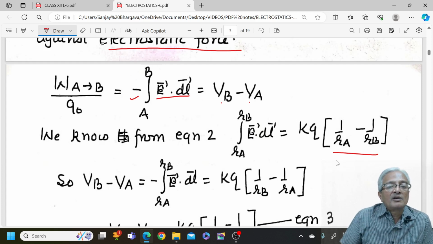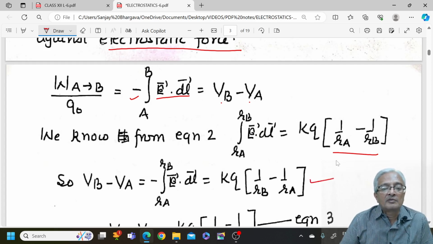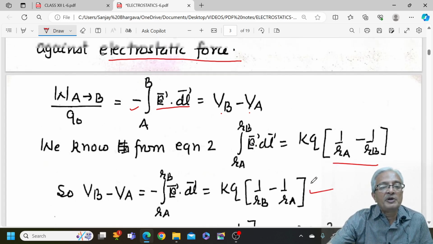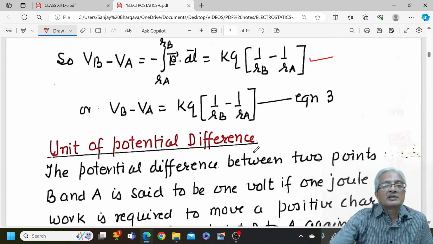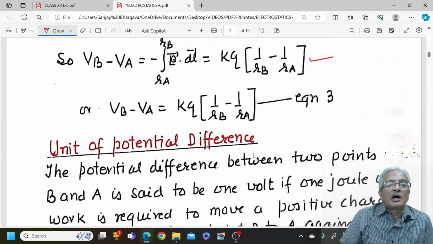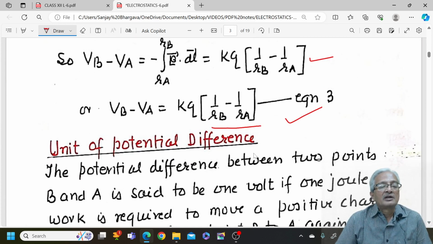Presence of the negative sign makes it 1 upon RB minus 1 upon RA. So potential difference VB minus VA could be written as KQ into 1 upon RB minus 1 upon RA. So equation 3 represents the potential difference between point A and B respectively.